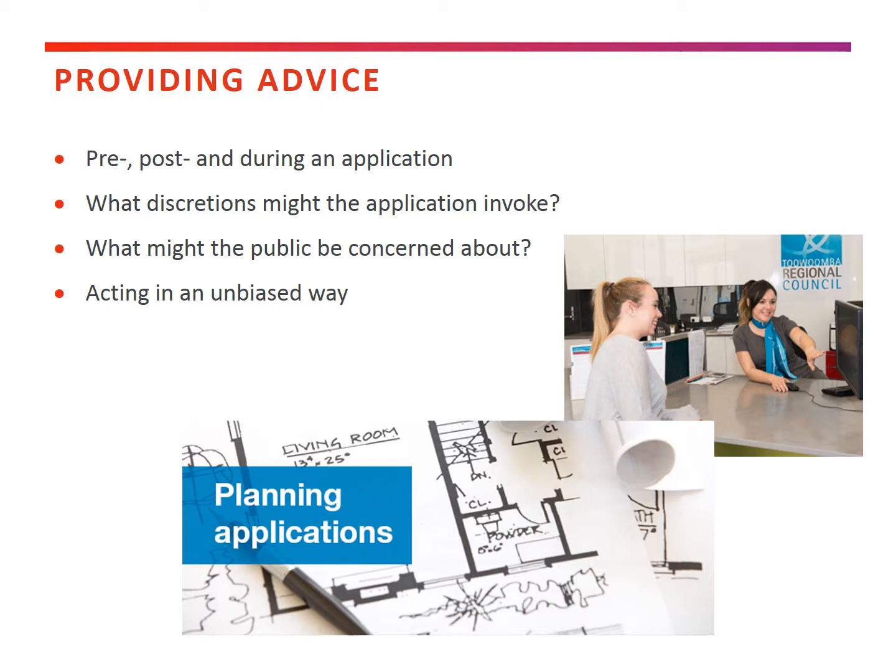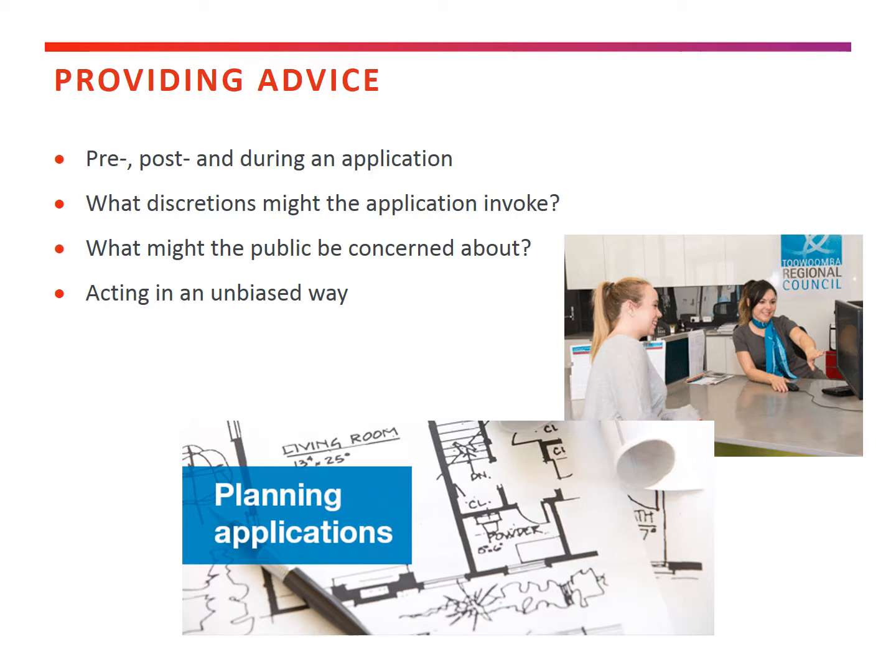They can give you help about what's in the planning scheme that might apply to you. They can give you advice about what's discretionary, or another way of putting this is what discretion is being invoked. So there might be just one or 2 points of your application where there's some discretion. So there's some room to move in terms of what council asks you to do before they give you a permit.